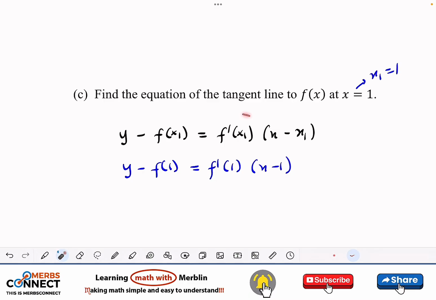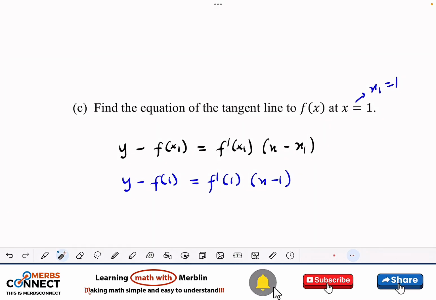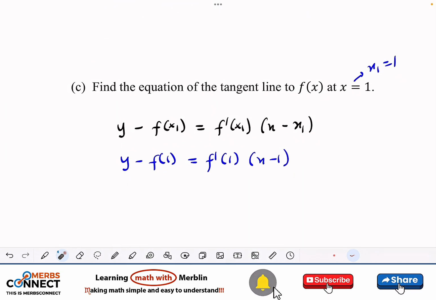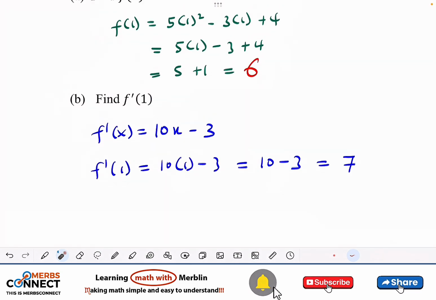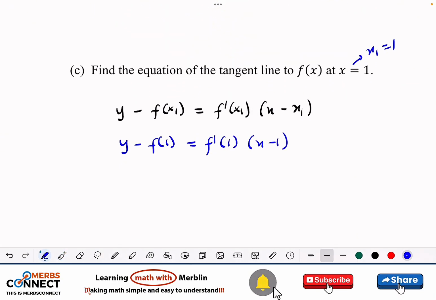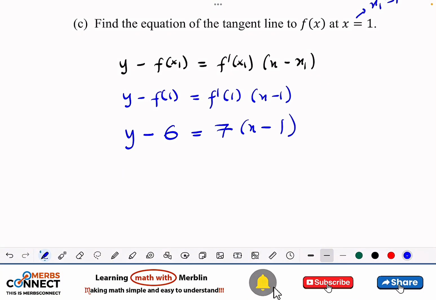So you see that when I use this formula, it's good for me. I definitely see that I need f prime of 1, which we have already found. I need f of 1, which we have already found. So 6 and 7. So I'm going to have y minus 6 is equal to 7 times x minus 1. And if I want, I can stop here.